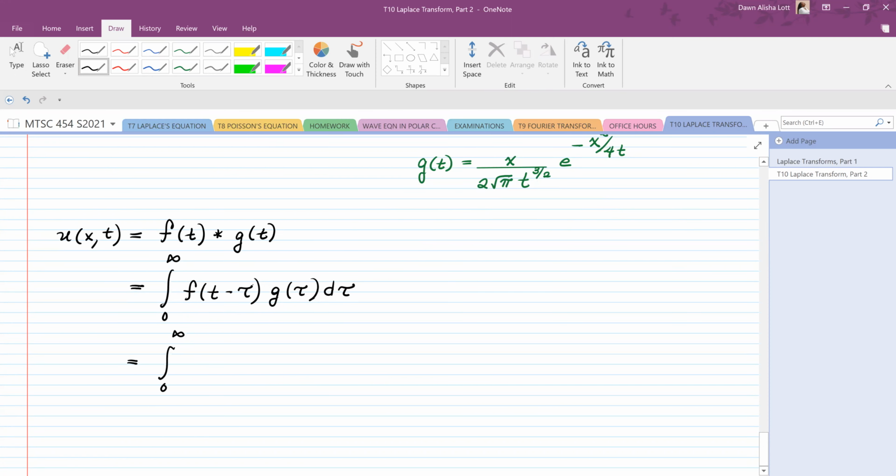Let f of tau be 1. So I'm going to get x over 2 the square root of pi, t to the 3/2, e to the minus x squared over 4t, d tau.